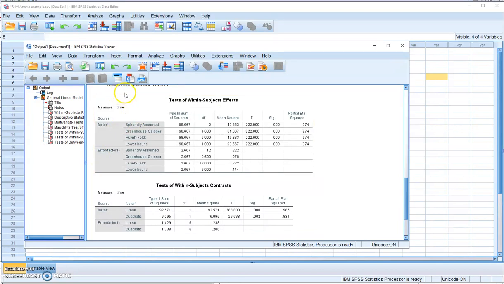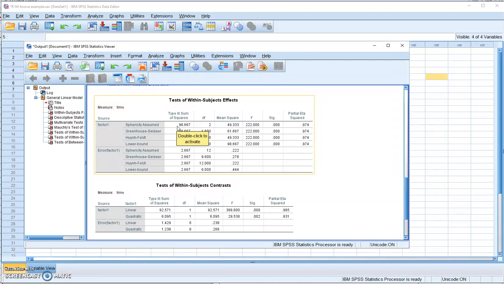In our case, since we know we met the sphericity assumption, we can read the first line for both the factor and the error component. The sum of squares for factor 1 is actually the sum of squares between treatments. Remember, we have 3 trials. That's why the degrees of freedom is 3 less 1, which is 2. You divide by the 2, and you get the mean square for the between treatment.